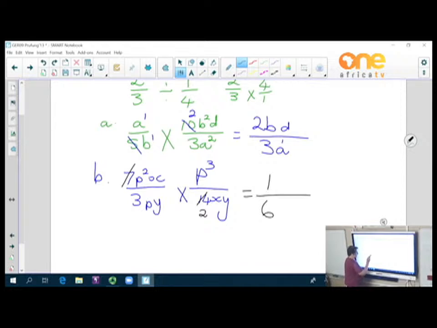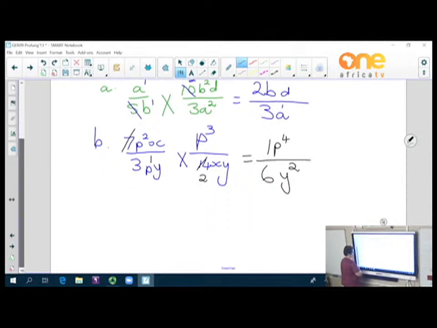Now I've got here P2, P3, which is P to the power of 5, minus the 1 here is P to the power of 4. The x and the x will cancel out. That's 0. And the y's we have to add here, so it will be y squared. The next one, number C.